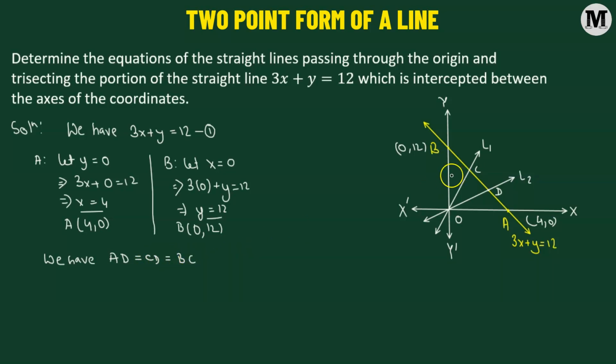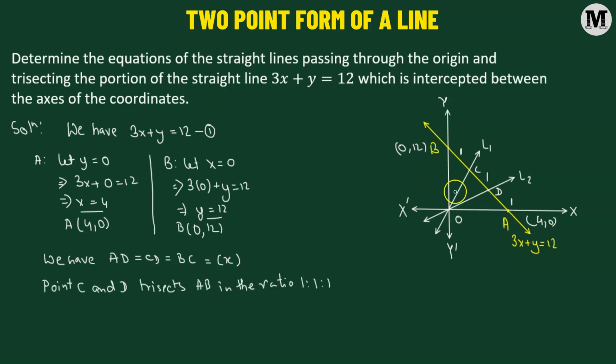So they are trisecting it. If we suppose that each of them is equal to x, then we can immediately say that the points C and D are trisecting the line AB in the ratio 1:1:1.